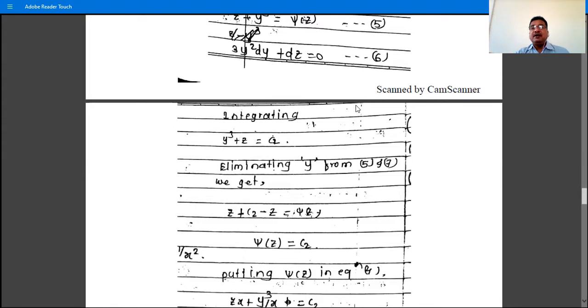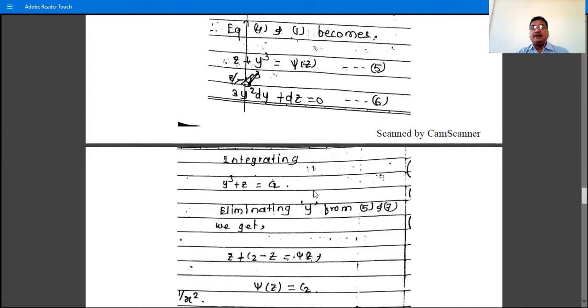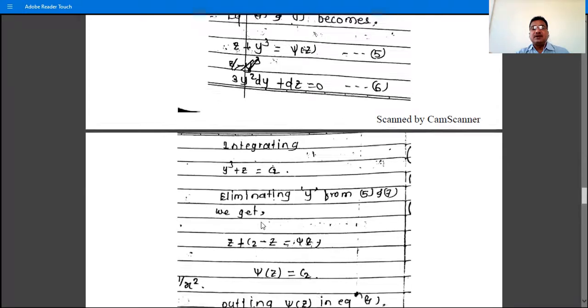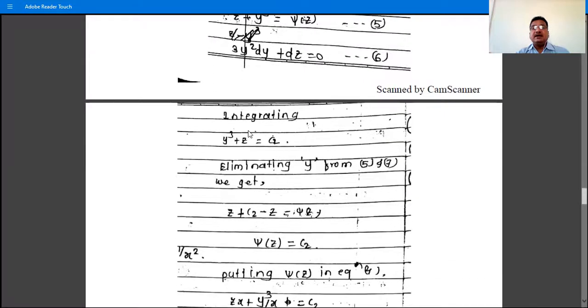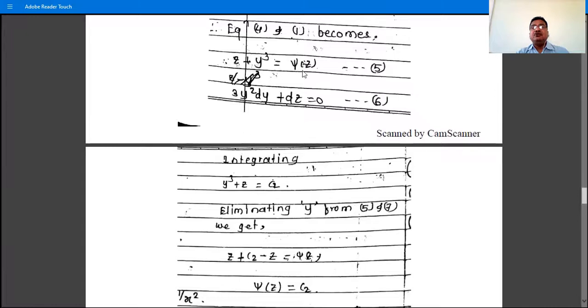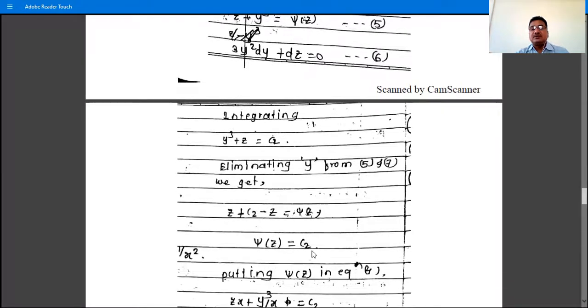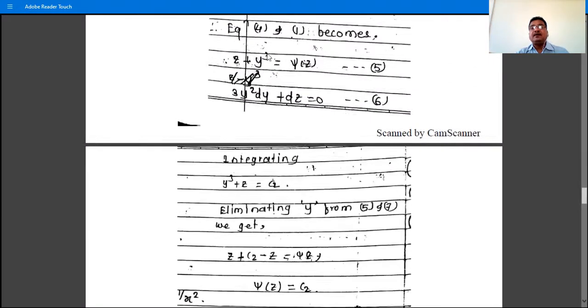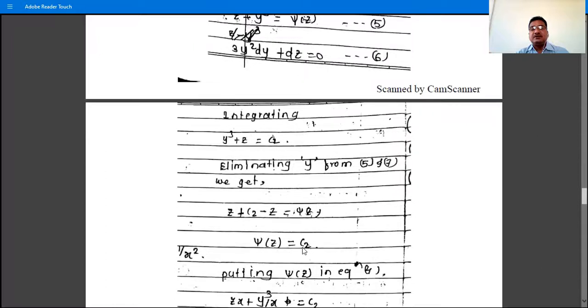And then we have to eliminate y from 5 and 7. Subtracting these two, we directly have z + y³ as ψ(z), so ψ(z) is equal to c2.